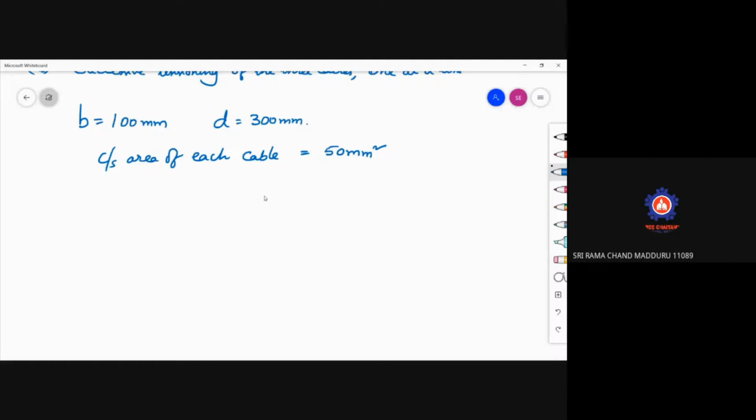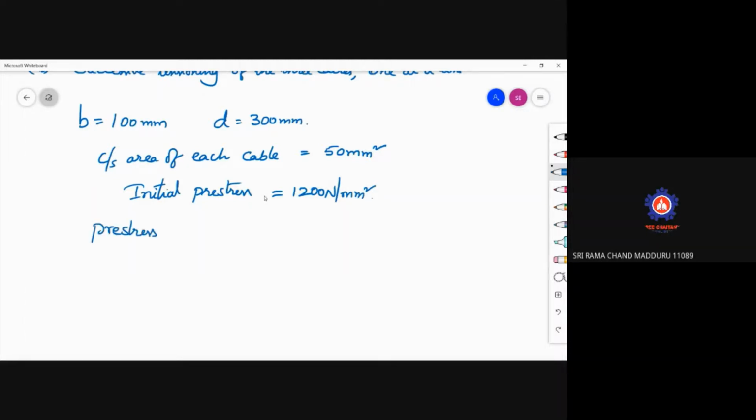So cross-section area of each cable is 50 mm square. Initial pre-stress is also given. What is the initial pre-stress of the tendon? Initial pre-stress is 1200 Newton per mm square. Now you can understand the pre-stressing force in each cable.